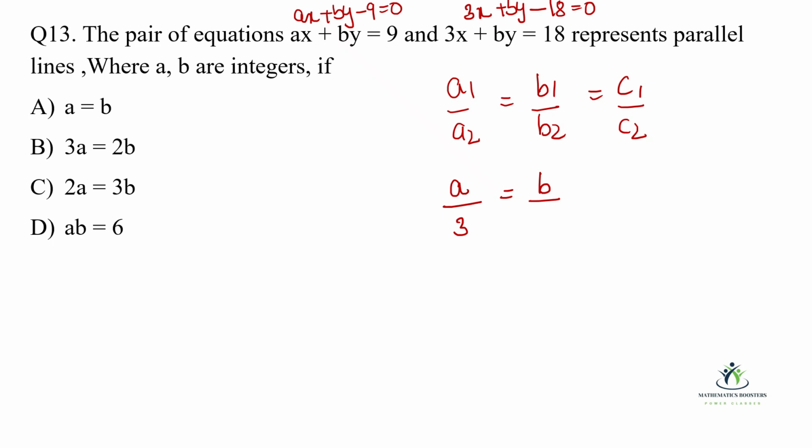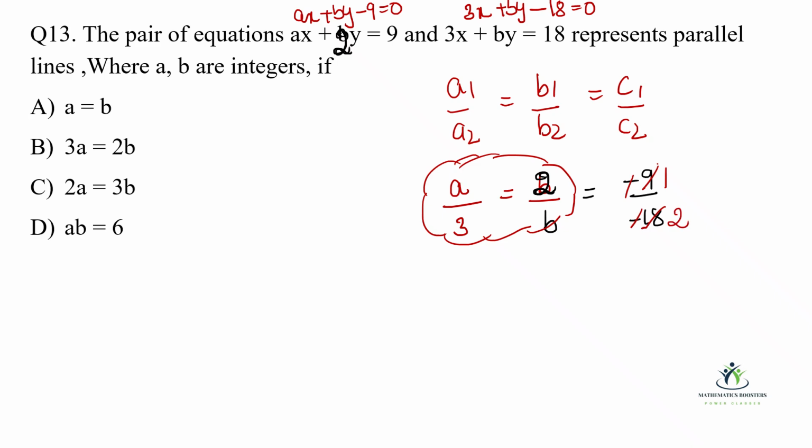Now there is a mistake in question. This is 2. So b1 is 2 upon b. c1 is negative 9, negative 18. Now cancel. 9, 1, 9, 2. Check options. Let's take this. If you solve, this will become ab is equal to 6. हमारे पास है ऐसी वैल्यू.